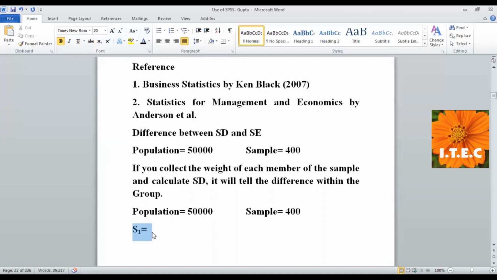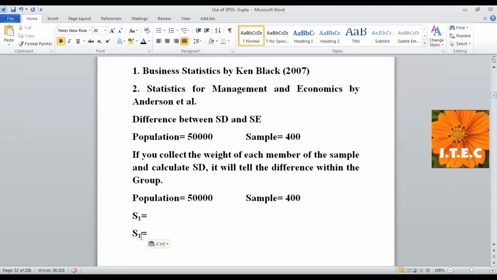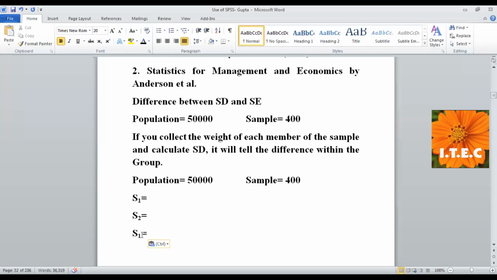If from the population of 50,000, every time you are taking a sample of 400, how many samples will you have? I'm waiting for your answer. No, it is wrong. It is wrong, my dear friend.